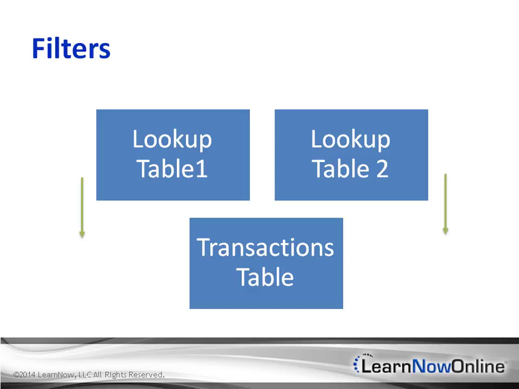Your filters would be applied to the top ones, and they would flow down towards your transaction table. That gives us an idea of how it would work within Power Pivot itself. That said, let's go ahead and do a quick demo to see how we can apply a filter, and what type of filters we have available within Power Pivot.